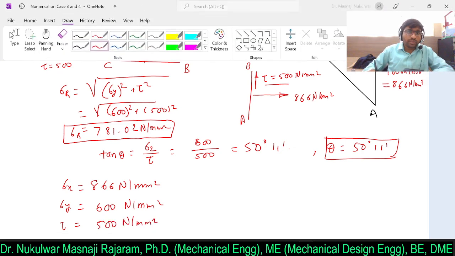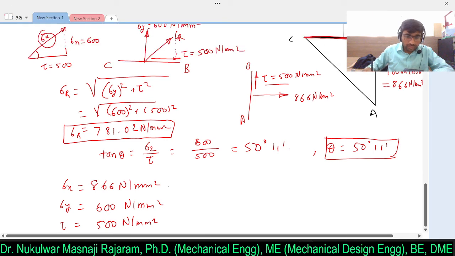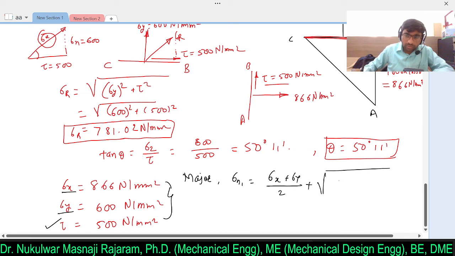So we will use the same formulae as this is the fourth case, that is two mutually perpendicular stresses acting on a body accompanied by the simple shear stress. So major principal stress sigma n1 will be equal to sigma x plus sigma y divided by 2 plus under root of sigma x minus sigma y divided by 2 whole square plus tau square.